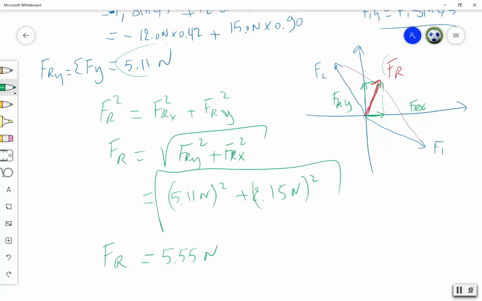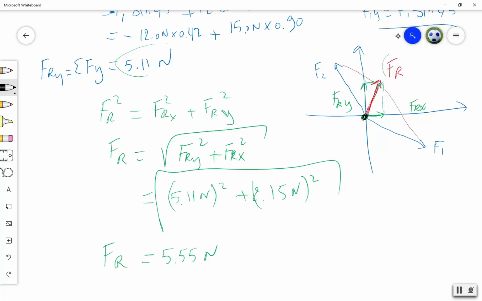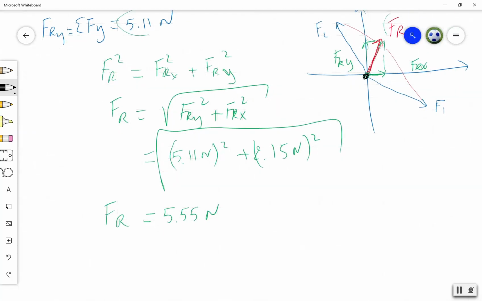So definitely this particle here is not in static equilibrium, so it is going to be moving in this direction. We don't know yet what the direction is. I can see it from the plot, but I need this angle theta. So the tangent of theta equals the opposite over the adjacent.